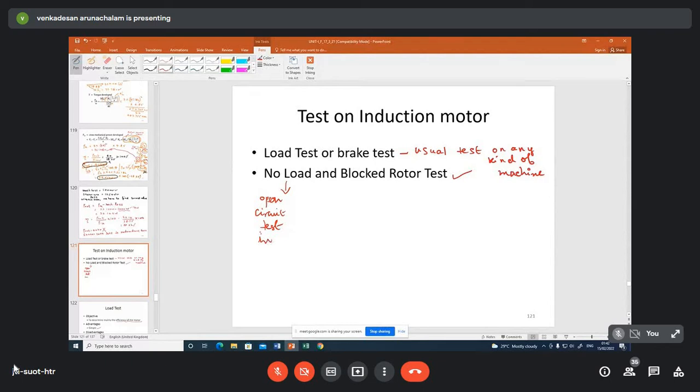This is very much similar to short circuit test in transformer.